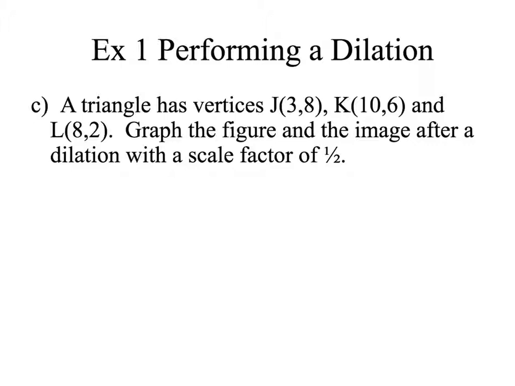Still doing our dilations, but if you'll notice now our scale factor is 1/2. So we're actually going to be looking at shrinking now. We're going to be multiplying by a number smaller than 1. So we're going to start with j, and we have j prime. J started at 3, 8.